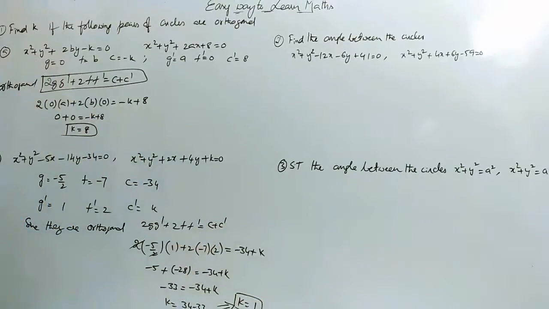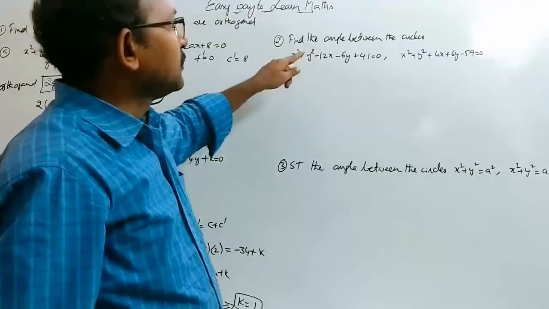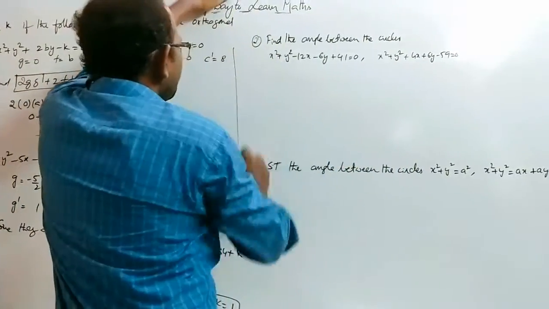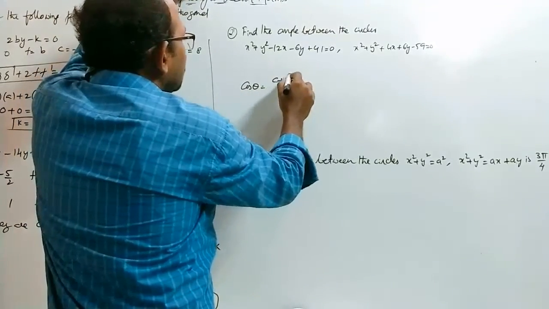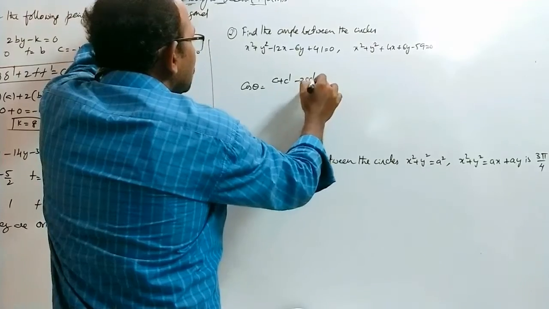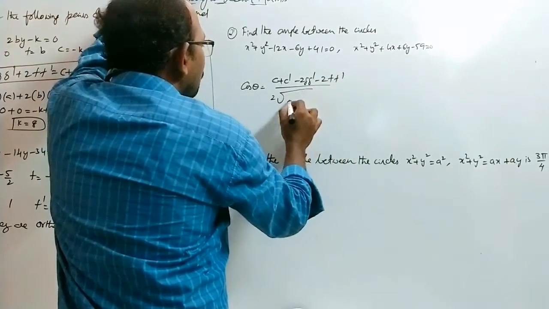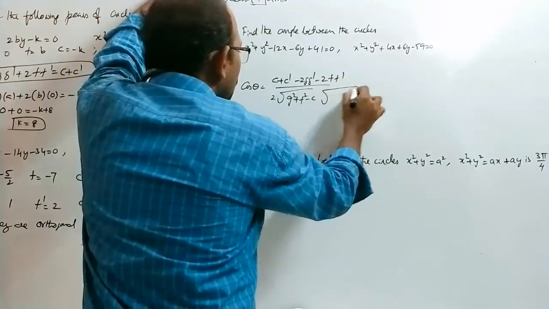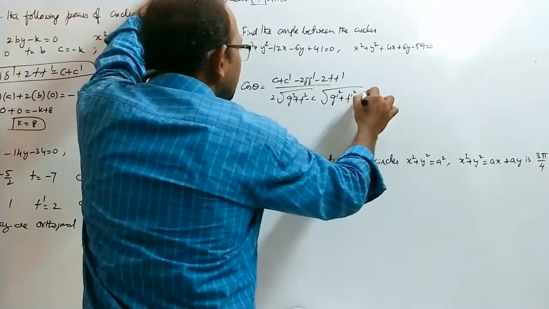in this case. Now find the angle between the circles. Here also the formula is cos theta is equal to C plus C dash minus 2GG dash minus 2FF dash by 2 into root of G square plus F square minus C into root of G dash square plus F dash square minus C dash.